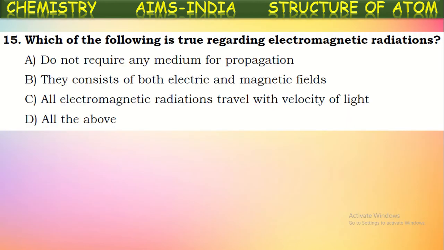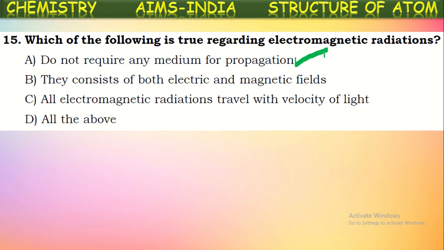Next, which of the following is true regarding electromagnetic radiation? Let us see the first statement given about electromagnetic radiations. They do not require any medium for their propagation. Yes, electromagnetic radiations can travel through a medium, and even without any medium they can travel, in vacuum or space also. They do not need any medium for their propagation. This is correct. These electromagnetic radiations consist of both electric and magnetic fields.